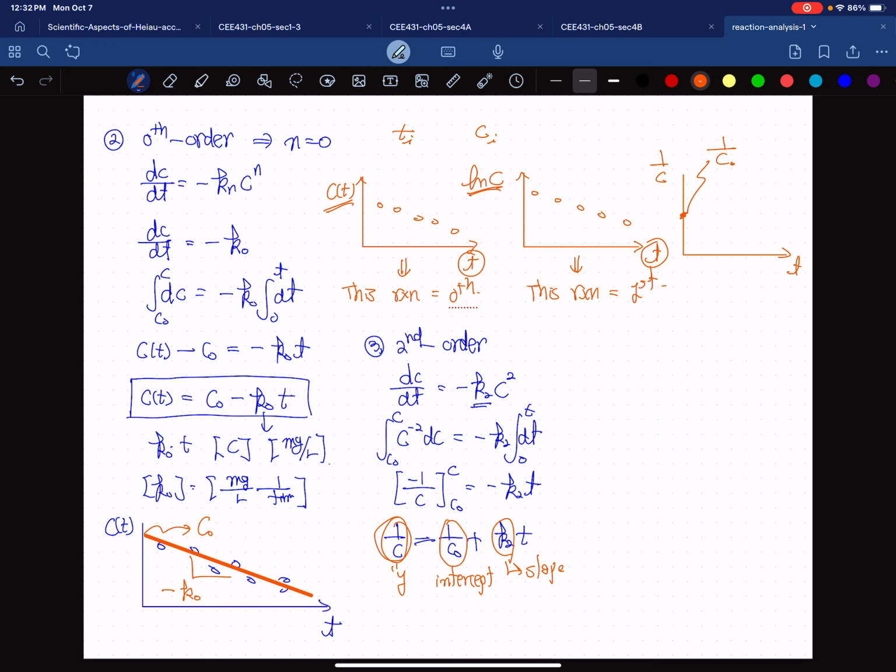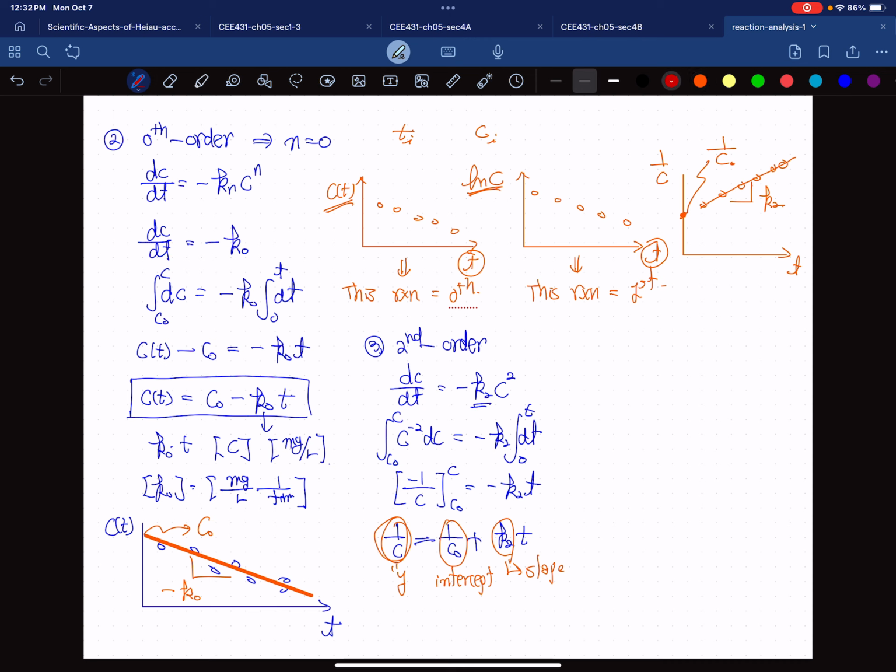Since it is 1 over C, as t increases this point should increase. While the concentration C is decreasing, 1 over C should increase. So your slope would be k2.